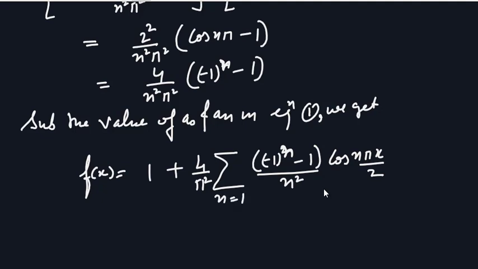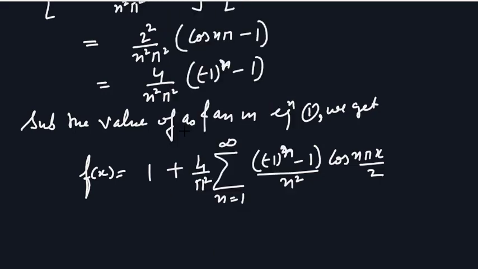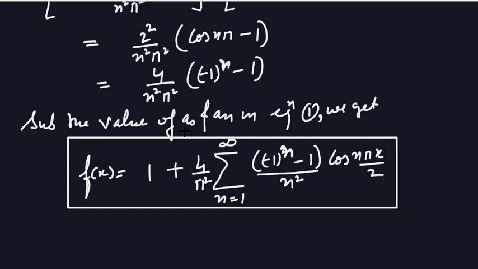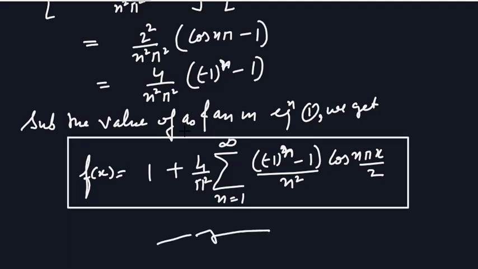N is from 1 to infinity, which is the required expansion, that is the half range cosine series. I hope the concept is clear to you all. Thank you. Have a nice day.